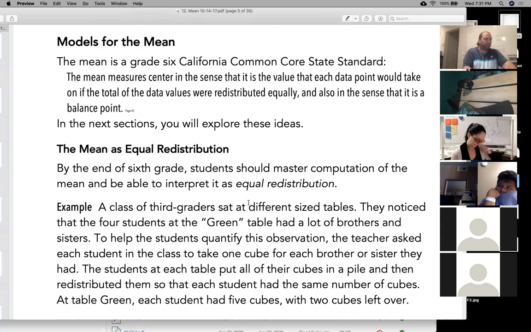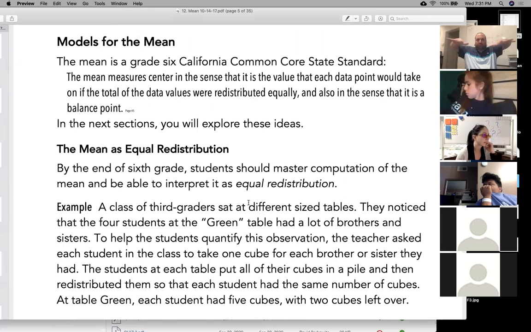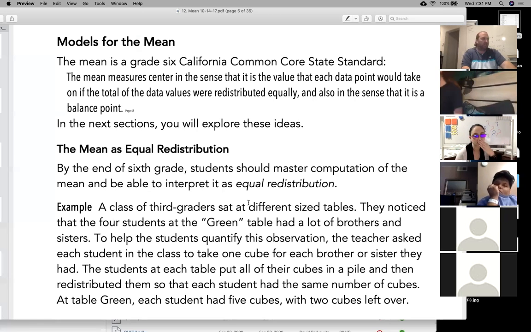You take your values and kind of spread them out so they're even to everyone. And when you do that, that value that you get would be the mean. That's one of the methods that we learned for having a conceptual understanding of what the mean represents.